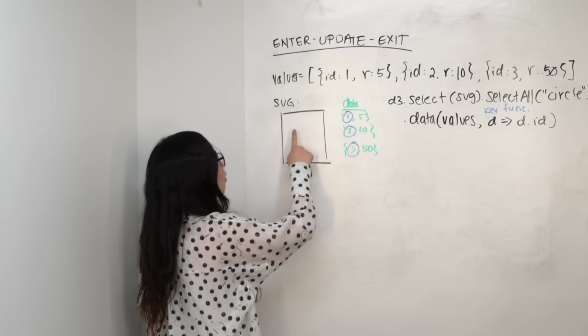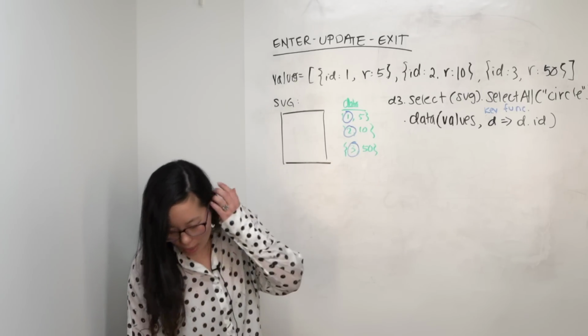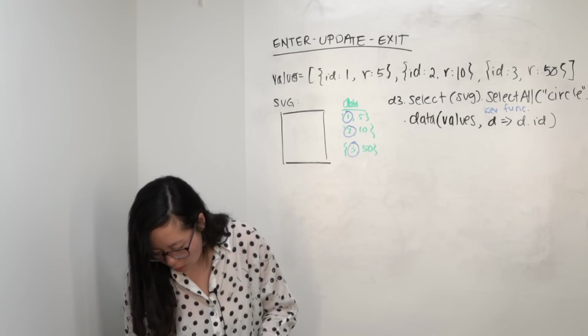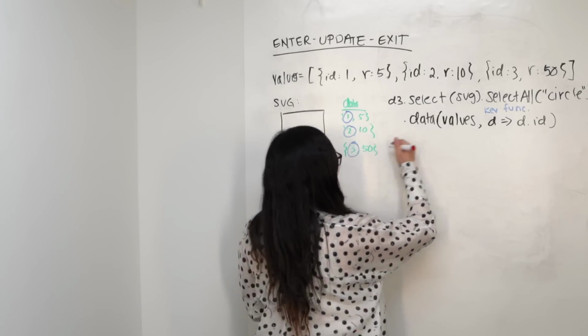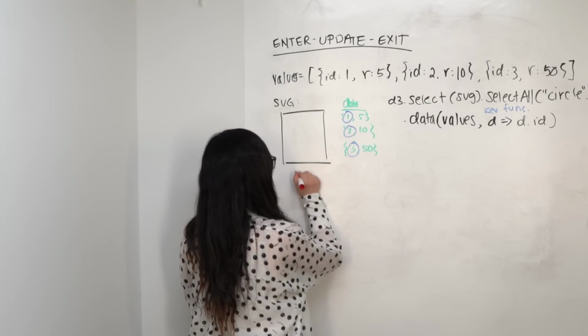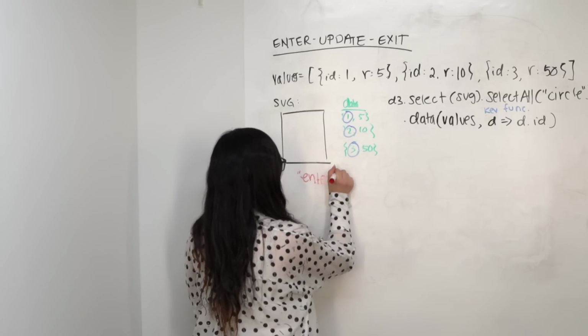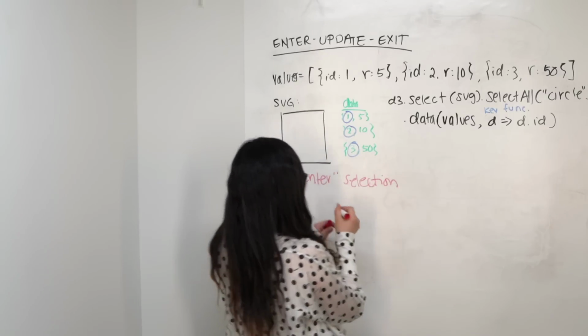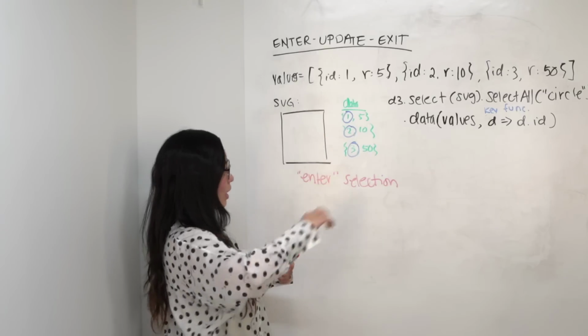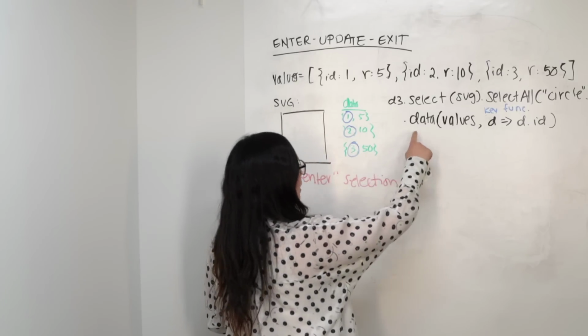And it'll be like, oh no, there aren't any of those. And so there will be an enter selection that D3 calculates.